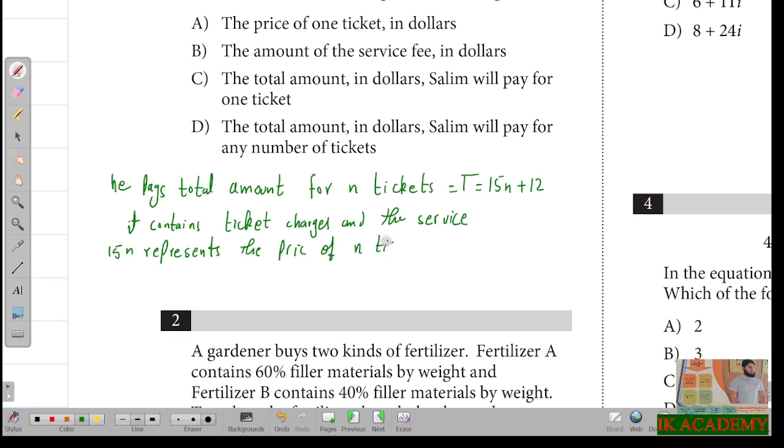It means 15, which is the coefficient of n, represents the price of one ticket. This implies 15 represents the per ticket charges.